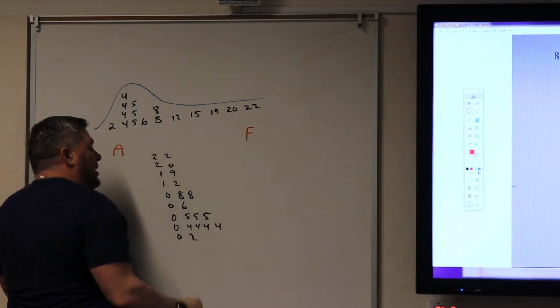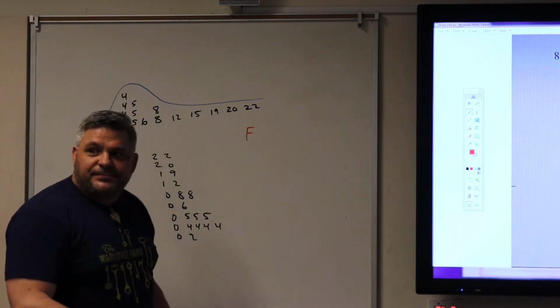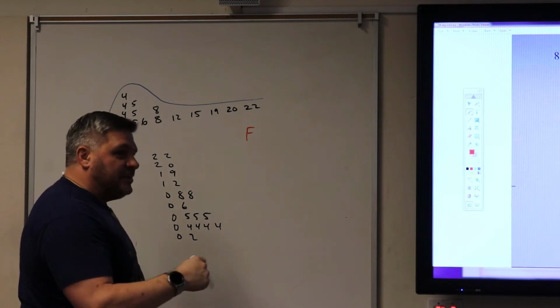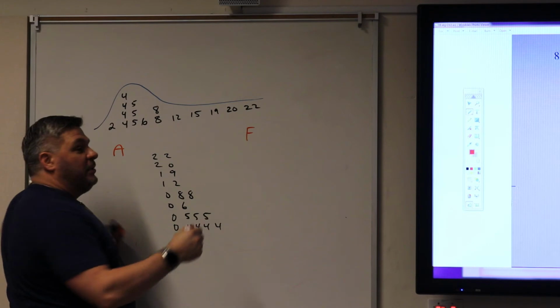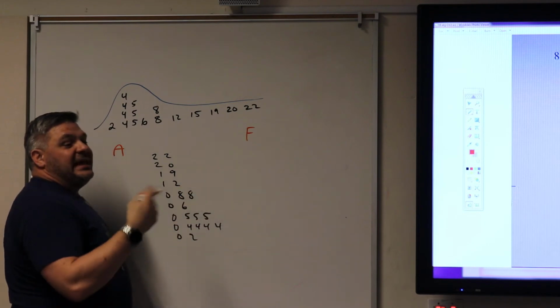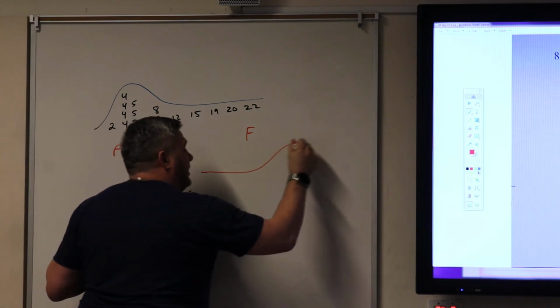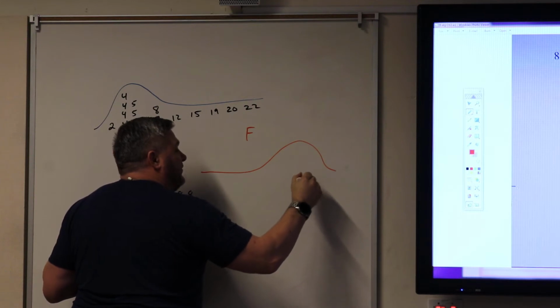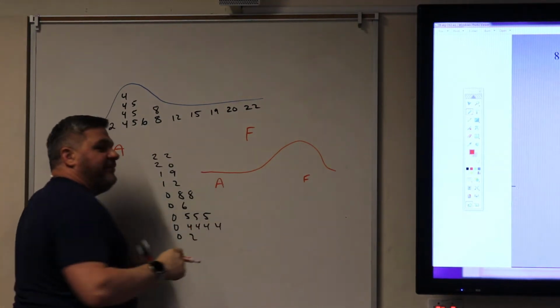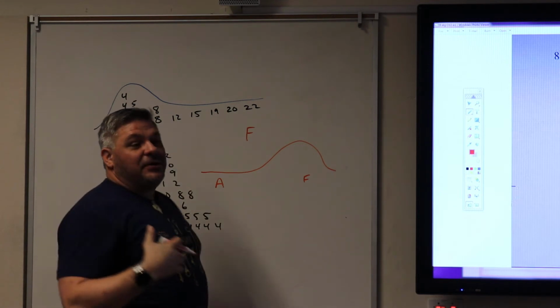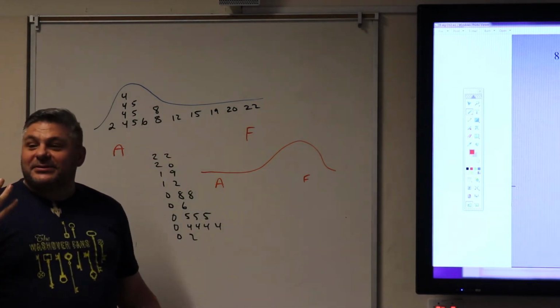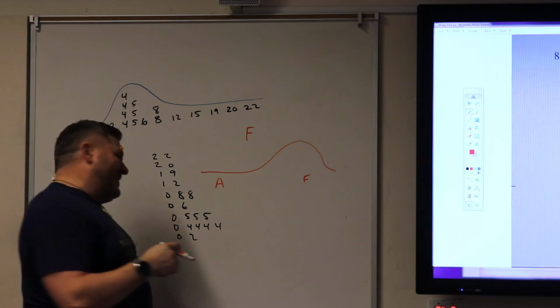And then some of them, I'm not naming any names, would be what we call a left tail curve, and it would look like this, and you'd have mostly F's and very, very, very few A's. So, I'm showing you my grades right now.